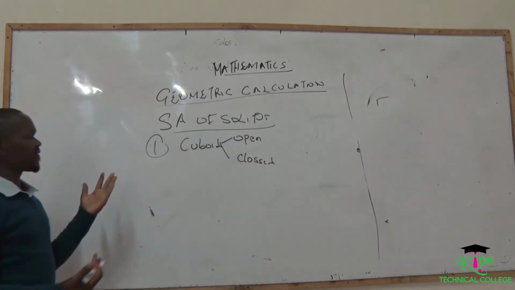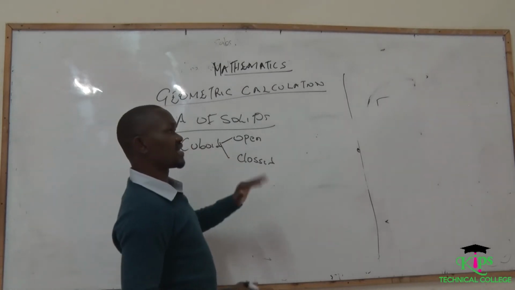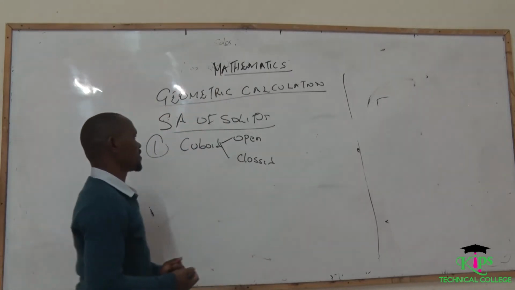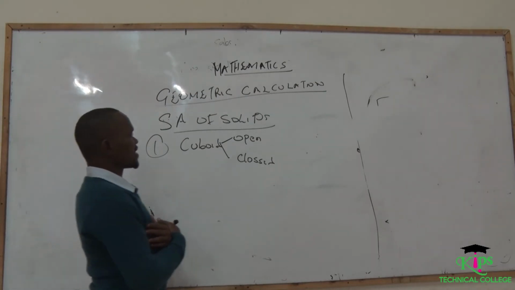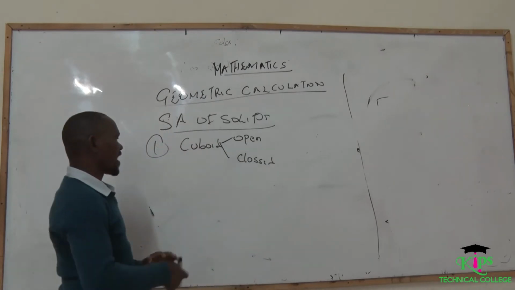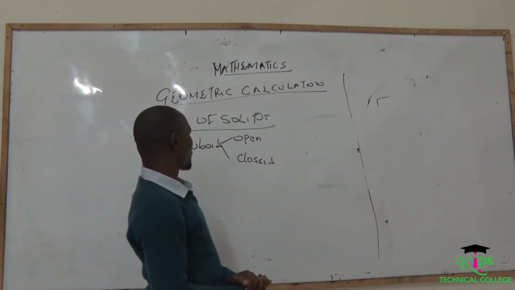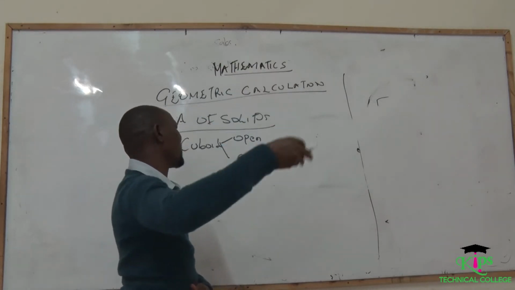When you are told to get the surface area of an open cuboid, it means that either the top or bottom is open. Take the shape of a rectangular classroom, where we assume we don't have the roof or ceiling.